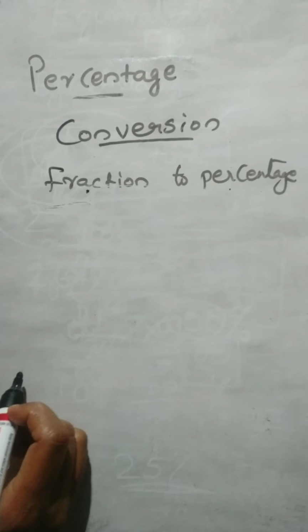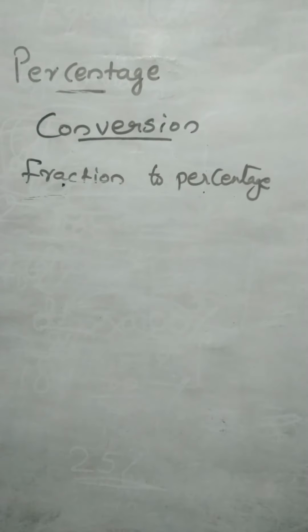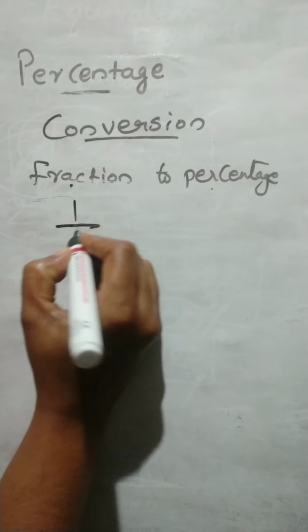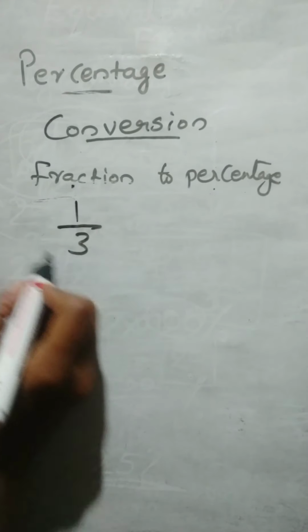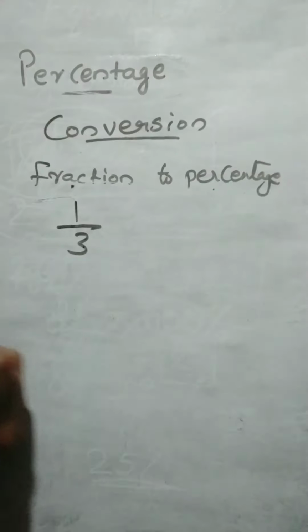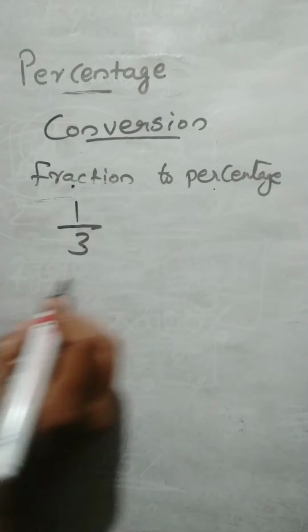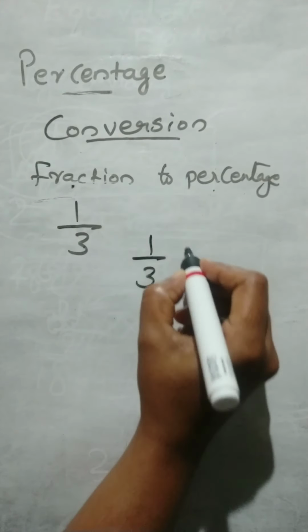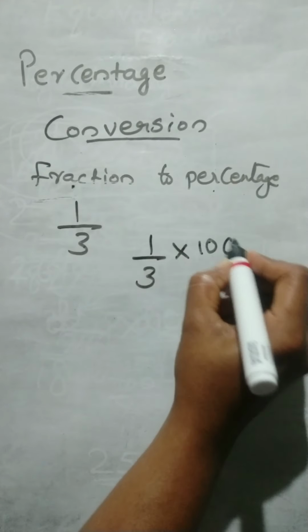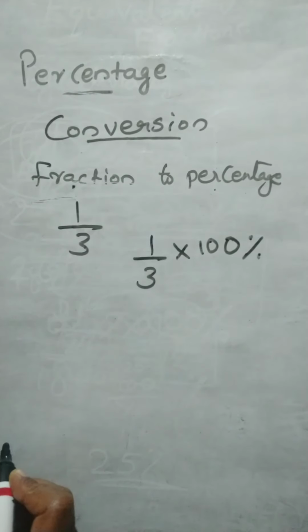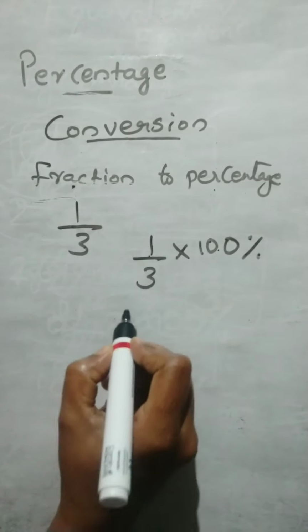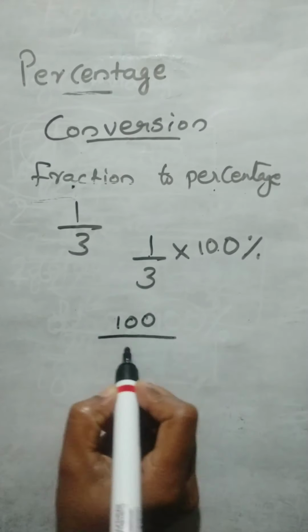Another example. 1 on 3 is the fraction. We have to convert this 1 on 3 to percentage. How can we? That is 1 on 3 times 100%. Then 1 times 100, 100. Then write down the 3.